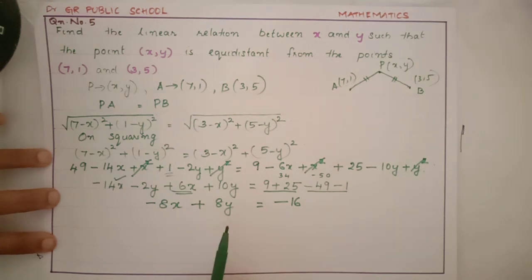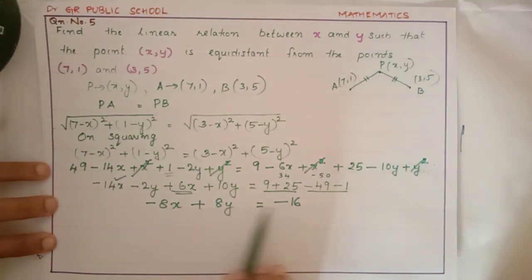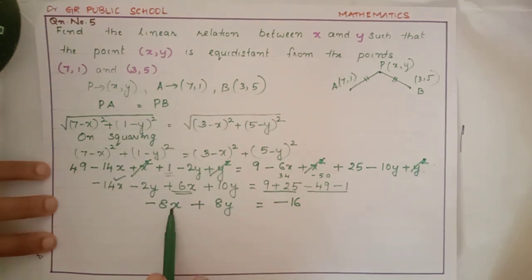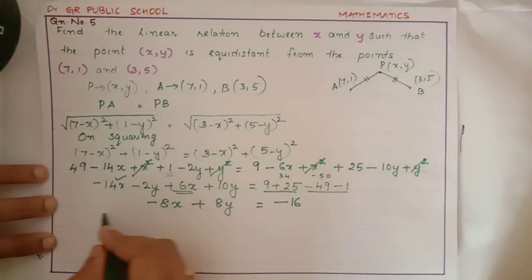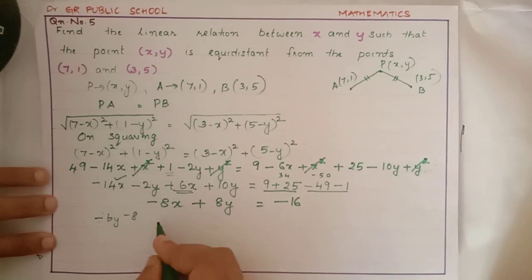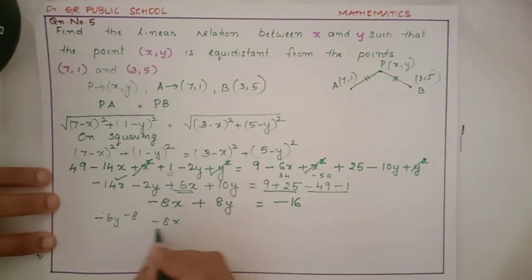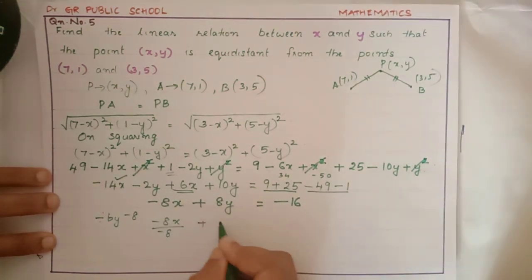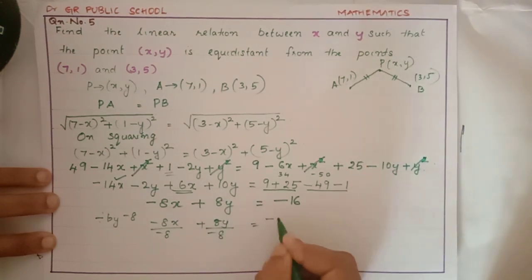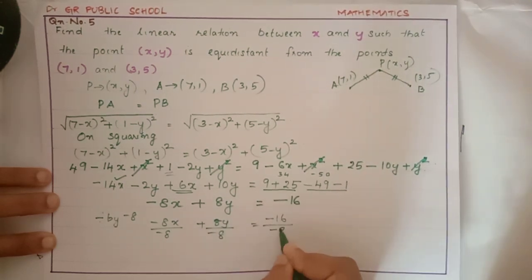Okay children, now you got a linear equation in x and y. That is what is asked here. But if you want, you can simplify more because all terms are divisible by minus 8. So divide by minus 8. Minus 8x by minus 8 plus 8y by minus 8 equal to minus 16 by minus 8.